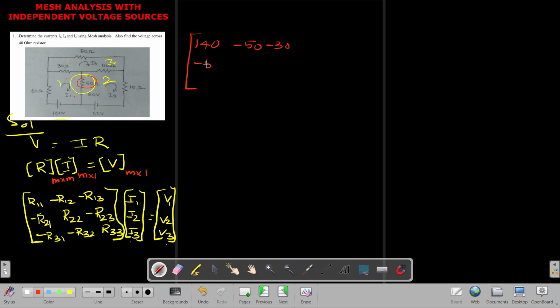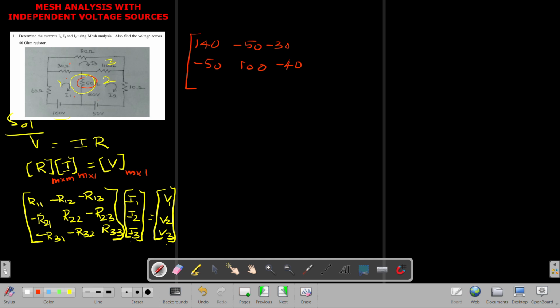Then R21 is minus 50, and R22 is nothing but the sum of resistors in mesh 2. You can see in mesh 2 we have three resistors, 50, 40, and 10, which is going to be 100, right? Then R23 is the resistor connected between mesh 2 and mesh 3, which is a 40 ohm. So I'll put minus 40, right?